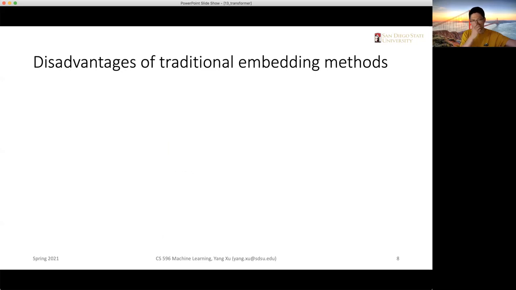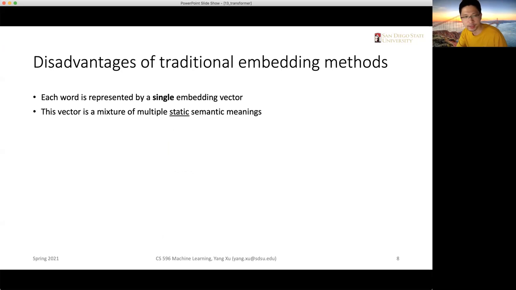But it also comes with disadvantages for word embeddings trained in such a way. First of all, each word is represented by a single embedding vector, which is a problem, because it's very common that the same word has multiple senses that are not even closely related.